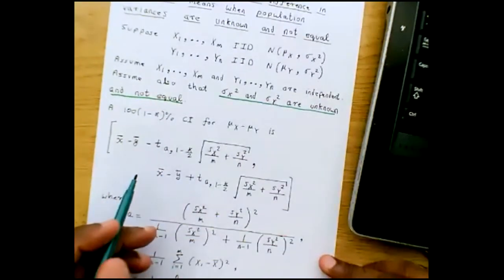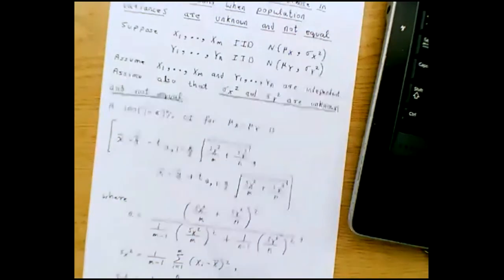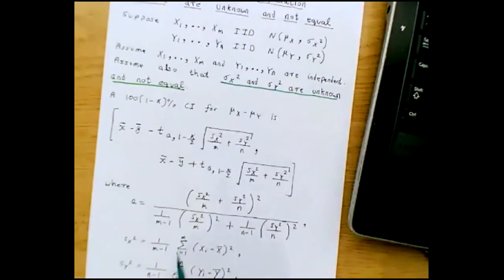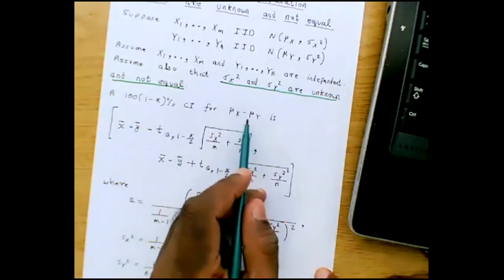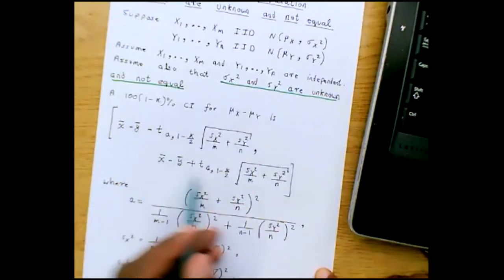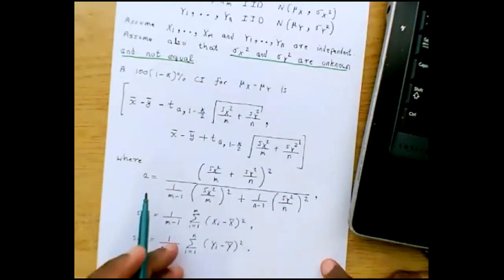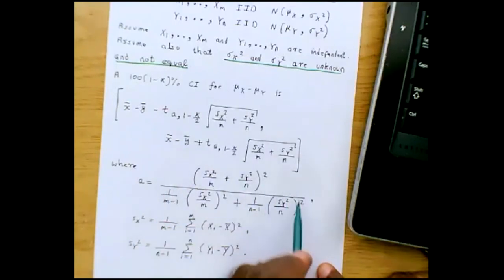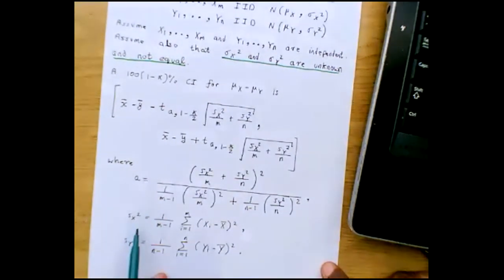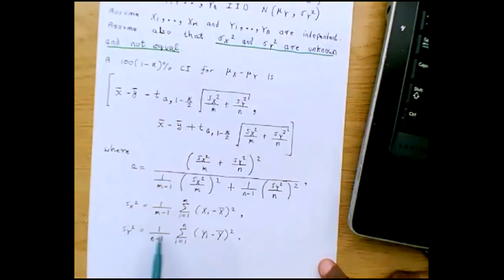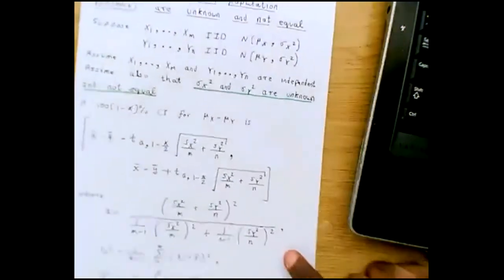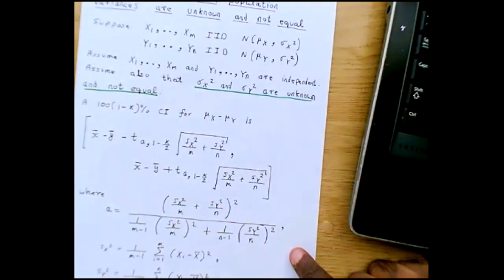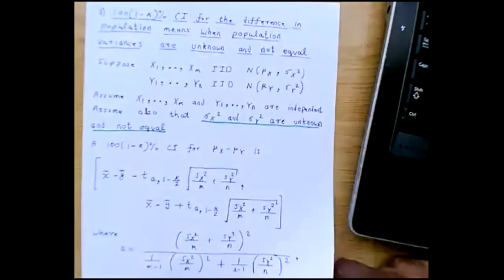In this case, it can be shown, and I don't expect you to know the proof, that the 100 times 1 minus alpha confidence interval for the difference in population means is given by this formula here, where A is the degree of freedom given by this complicated expression. Sx squared is the sample variance for the first sample, and Sy squared is the sample variance for the second sample, right? Okay, so that's the third of the four confidence intervals.